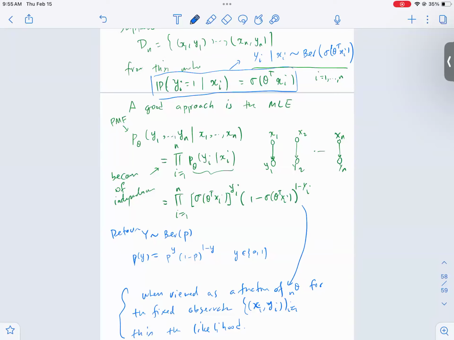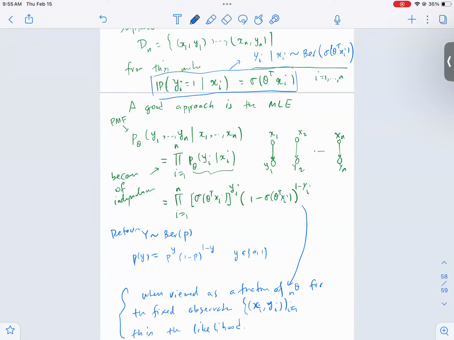Okay. So this is a semantics kind of thing: likelihood is used when we talk about a single observation and its behavior under different models. Yes, you fix the observation you saw, and then you vary your parameter to see what each of the models tells you about the probability.